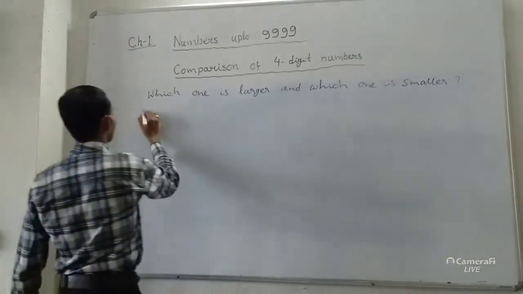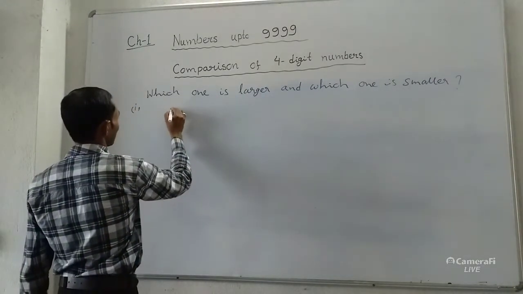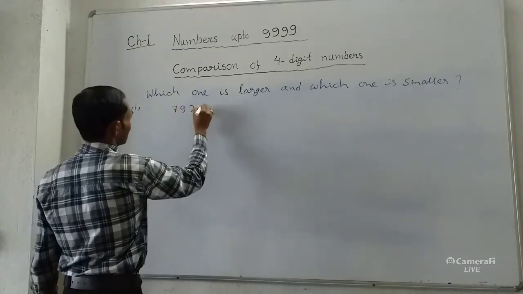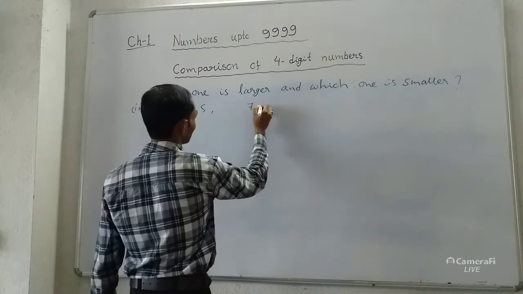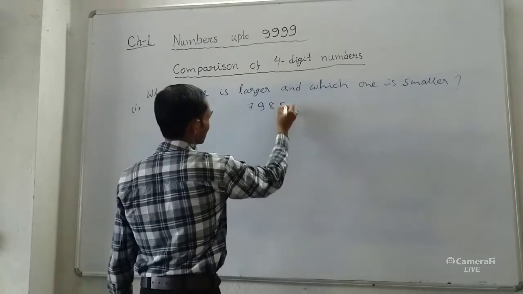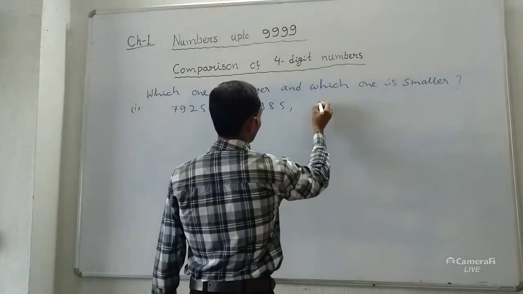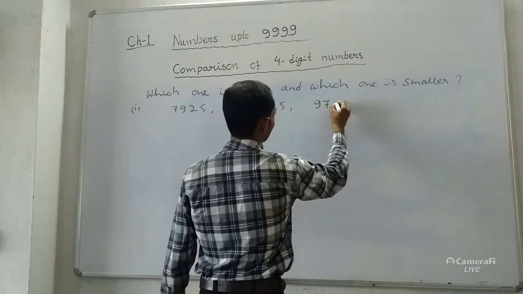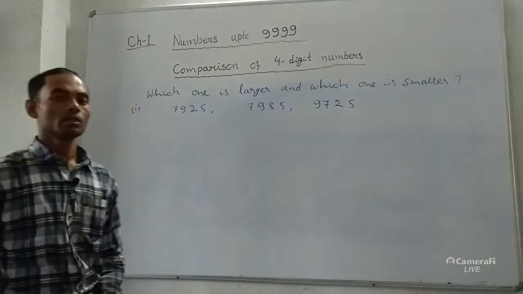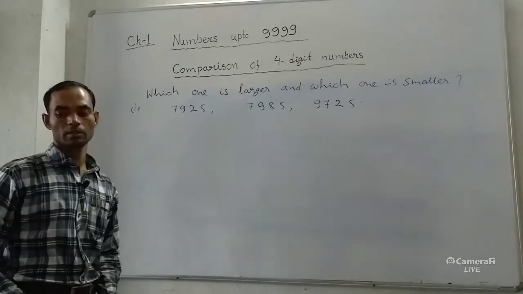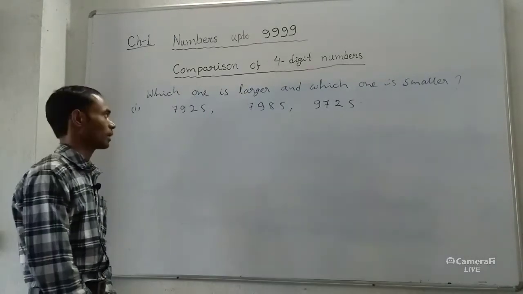The numbers are this one, this one, this one. I have taken 3 numbers given in the question. You have to say which one is larger and which one is smaller.